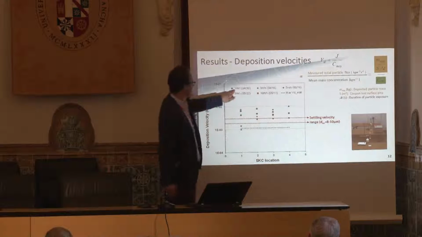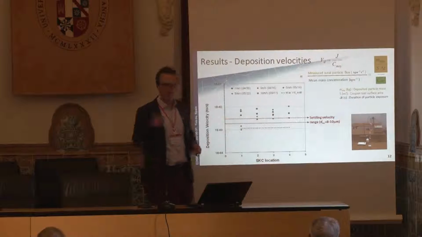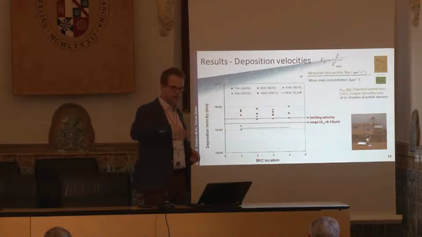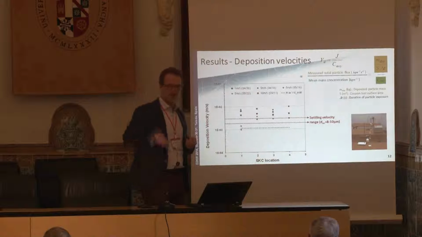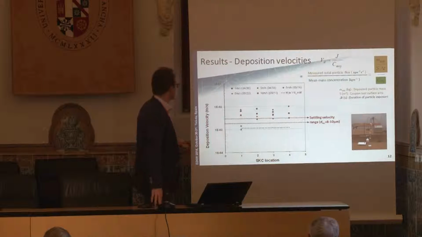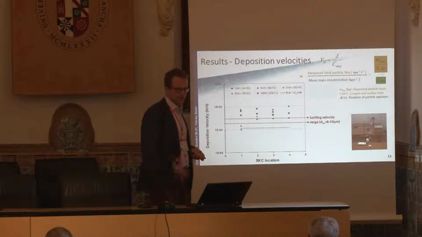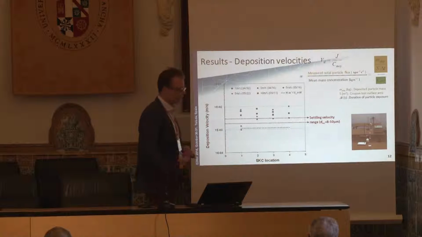Here is one trial, for example, the blue dot here is 1 meter per second. It means that the droplets are expelled at 1 meter per second from the mouth opening, and then we have the contribution between the air and the surface. All the deposition velocities were higher than the settling velocity that we can calculate, with a data sheet, for example, having the size of the particle.